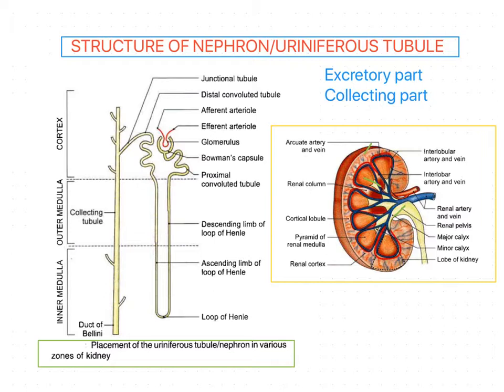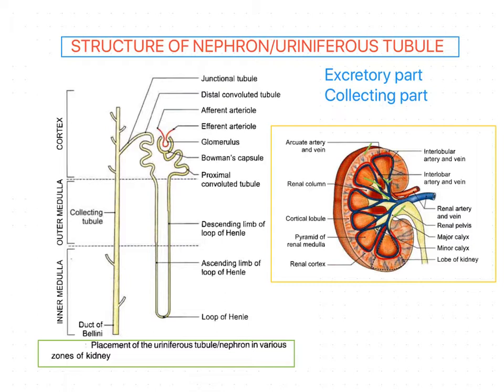We also discussed the cortical lobule and the pyramids, and the divisions of the renal pelvis, that is major calyx and minor calyces. The apices of the pyramids open as renal papillae into the minor calyx. So all these things we discussed in the previous session.